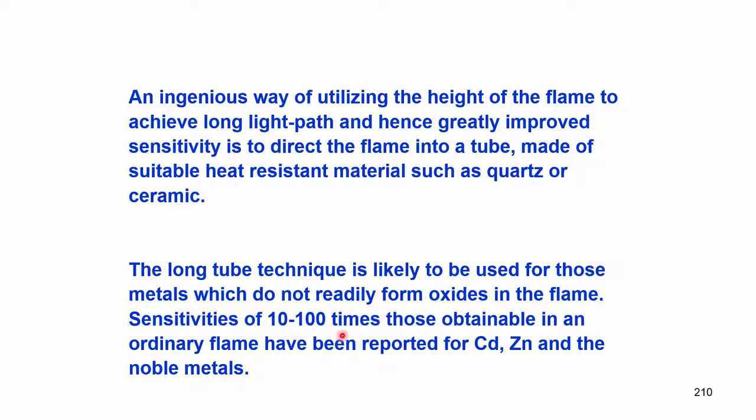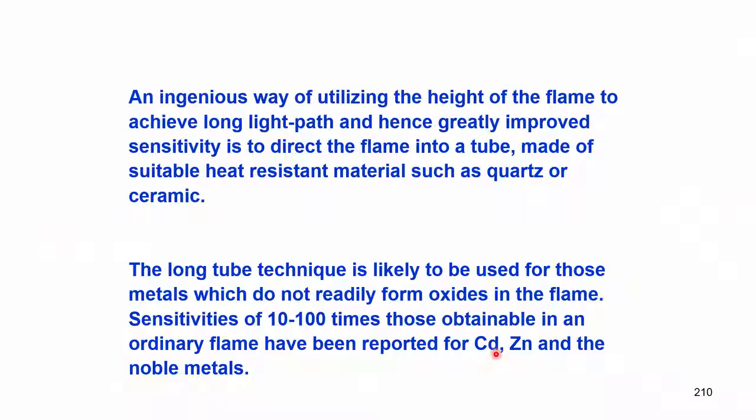Why? I want you to understand, when everything is burning, the temperature is very high. I do not control it. So, whatever is the temperature, the sample is burning. Obviously, the sensitivity would be very high, because everything is getting converted into vapor form.